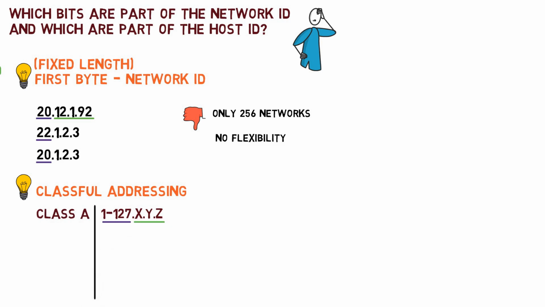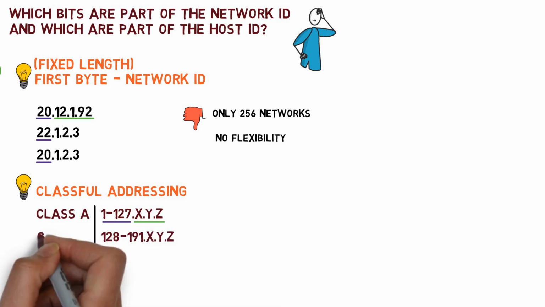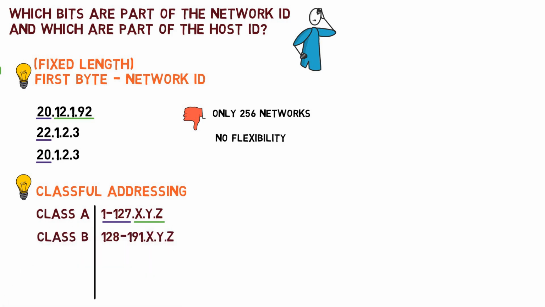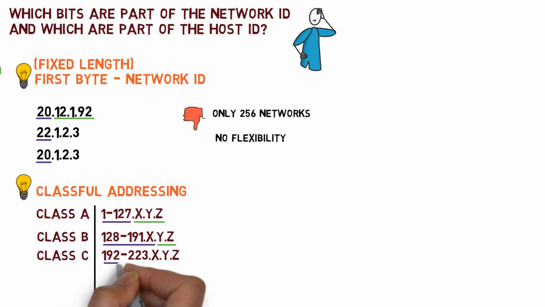Any address starting with a number between 128 and 191 belongs to class B, which means that its network ID is 2 bytes long and its host ID is also 2 bytes long. Any address starting with a number between 192 and 223 belongs to class C, so it has 3 bytes of a network ID and 1 byte of a host ID.